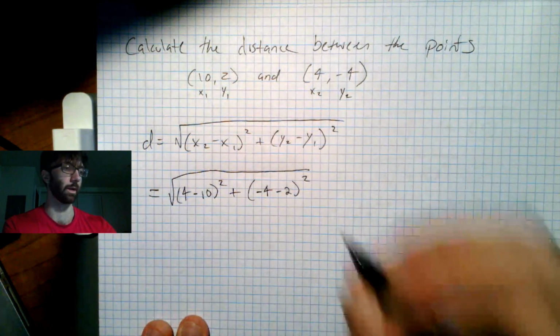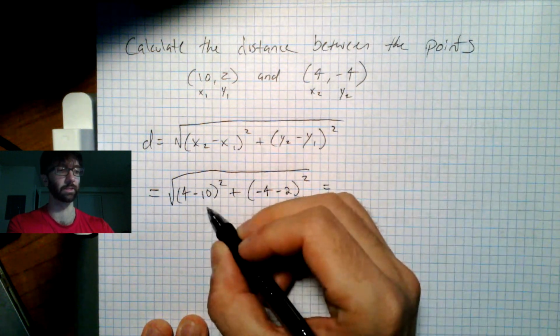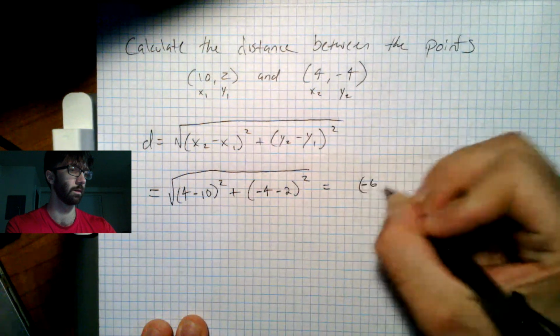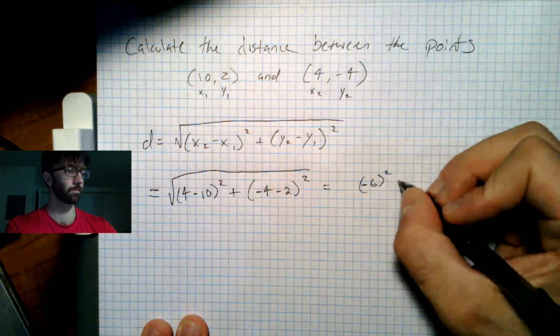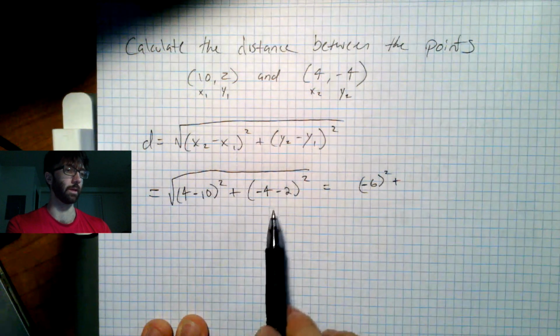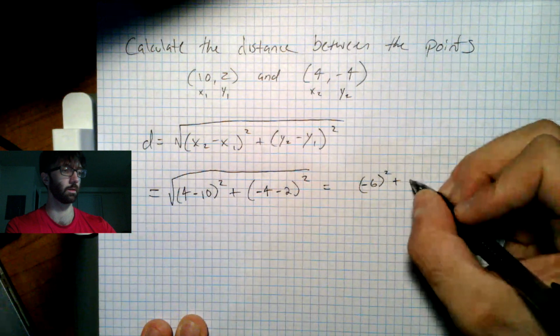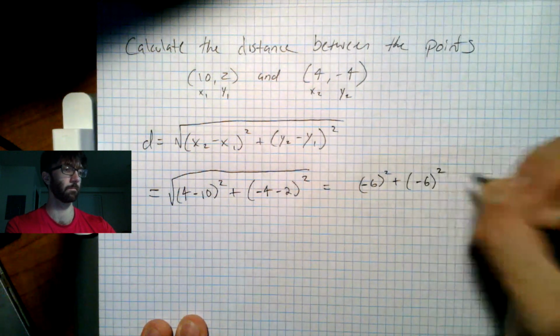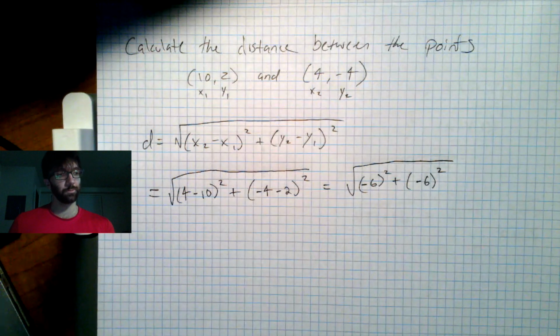And now we can go ahead and number crunch. So 4 minus 10 is negative 6. Again, you got to keep those parentheses. And then negative 4 minus 2 is going to be negative 6 again. All right.